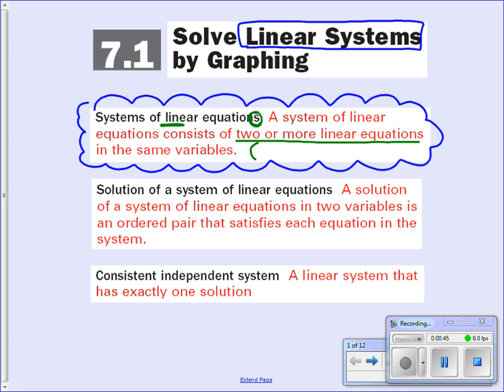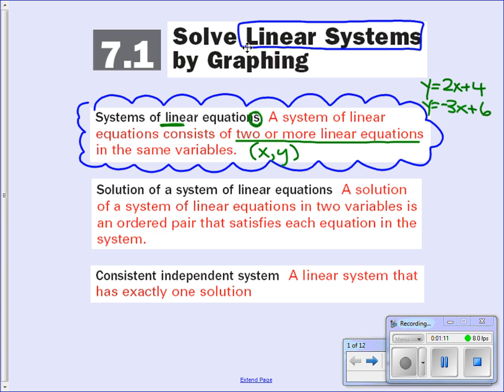Now, what are your two favorite variables? X and Y. Honestly, just two equations that involve X and Y are considered a system. So y equals 2x plus 4 and y equals negative 3x plus 6 would be a system. It's two equations, and they're both using the same variables. Yes, you will, for the most part, always see x and y.